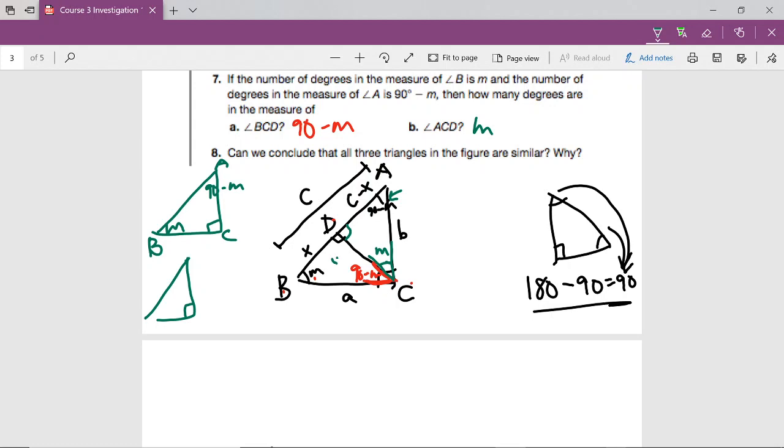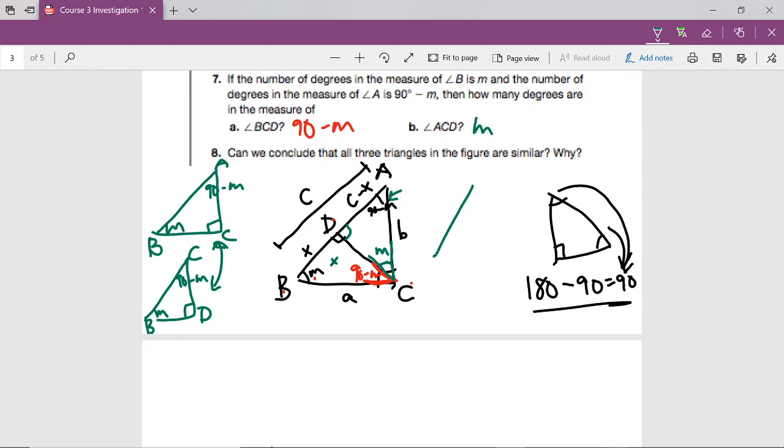So I'll draw this one first, and I'm saying I have D right here, I have C, and I have B. That measure of angle B right here is m degrees. C is 90 minus m. So comparing these two triangles, I would say absolutely those two are similar because they have the same angle measurements.